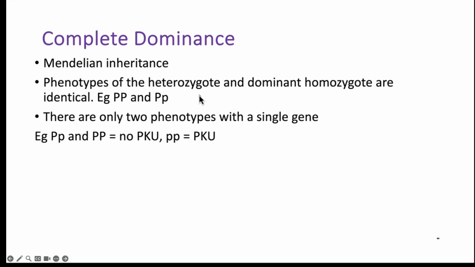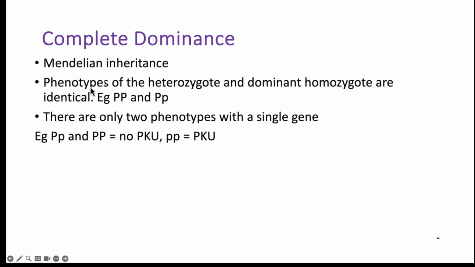And so we see that the phenotype of the heterozygous state and of the dominant homozygous state are the same. So here I've got an example of PKU, which is a metabolic disorder, a single gene recessive disorder, autosomal recessive. So it's only expressed when we have the homozygous recessive.